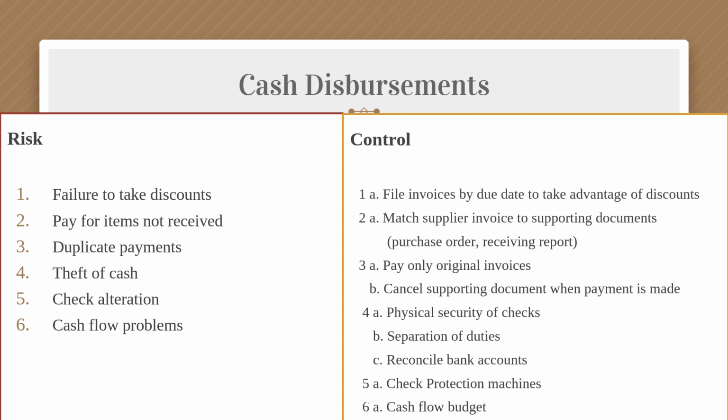Number 4 is the theft of cash. So the controls are physical security of checks, separation of duties or segregation of duties, and reconcile the bank account. Number 6, cash flow problems. So the control is cash flow budgeting.